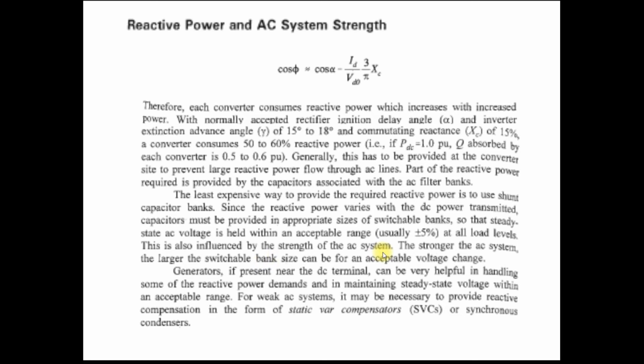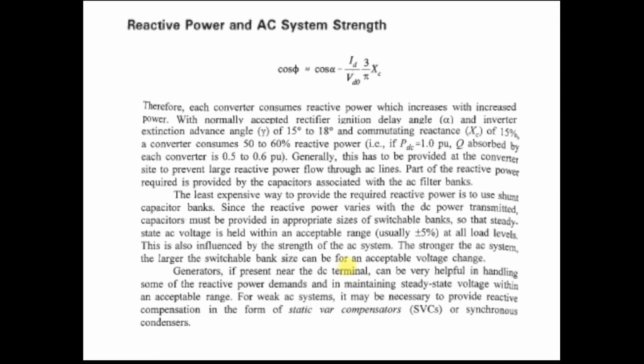If your AC system is stronger, a larger switchable bank size is required to maintain the acceptable voltage within plus or minus 5% at all levels.